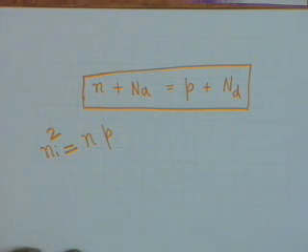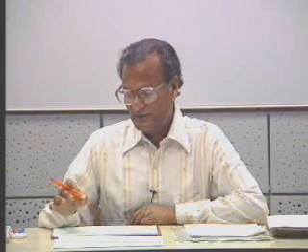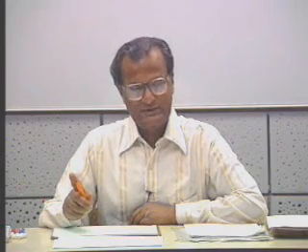And the logic is as follows: if you leave an intrinsic semiconductor at room temperature undisturbed, if you leave it in peace, then there exists an equilibrium value for p and n at that particular temperature, and this equilibrium value is the so-called intrinsic concentration.